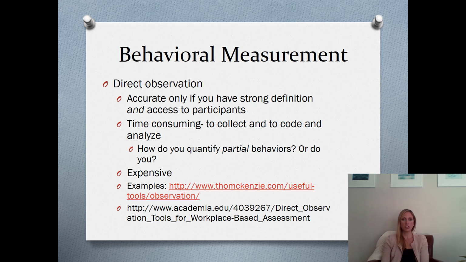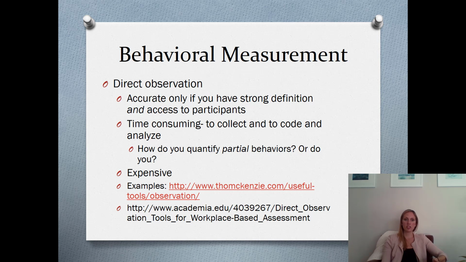So direct observation is just as the name implies. You are in real time observing a person engage in a behavior. However, this is only accurate and possible if you have a very strong definition of behavior. So the first part of this online lecture talked about the definitions of behavior.